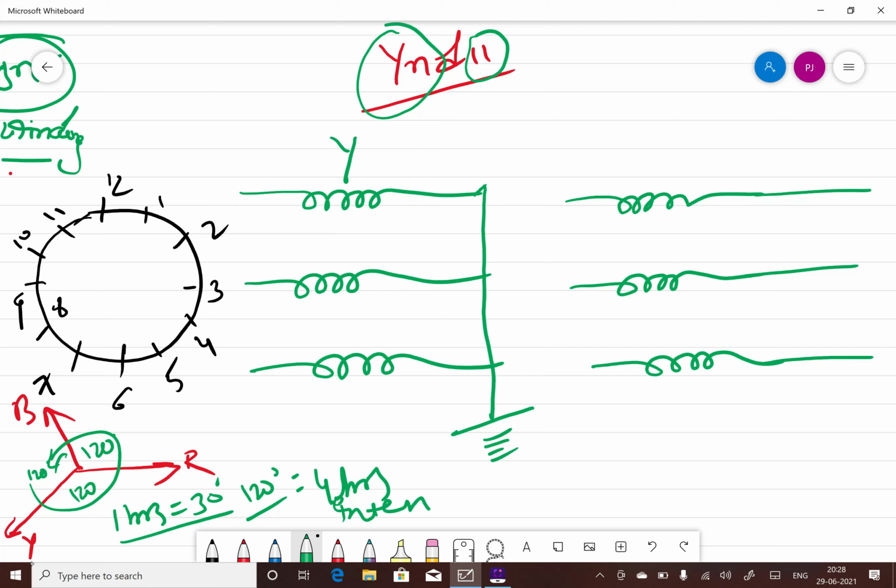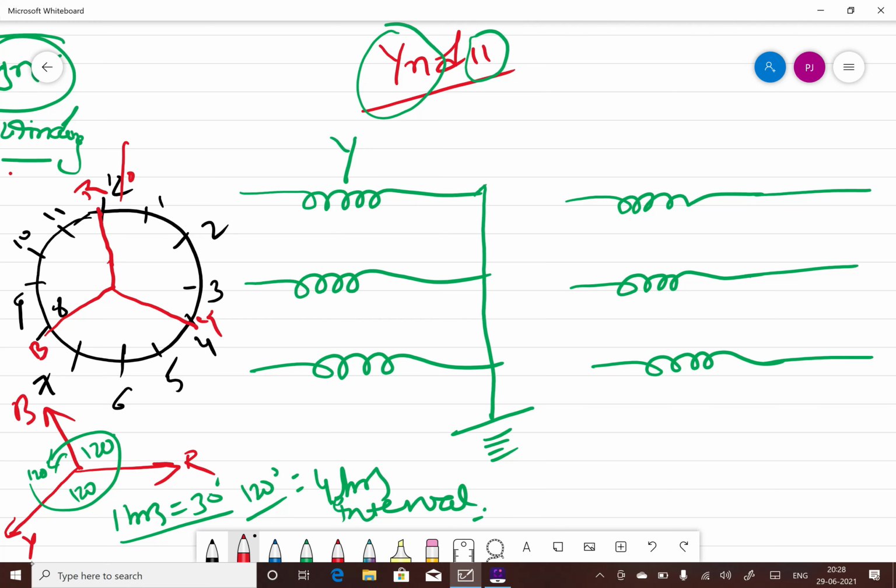Now what does this 4-hour interval mean? First let us start with R phase. This is 12, which we can also say is 0. So if this is your R phase, your Y phase must start at 4 o'clock and B phase must start at 8 o'clock. This is a very simple thing, R, Y and B.